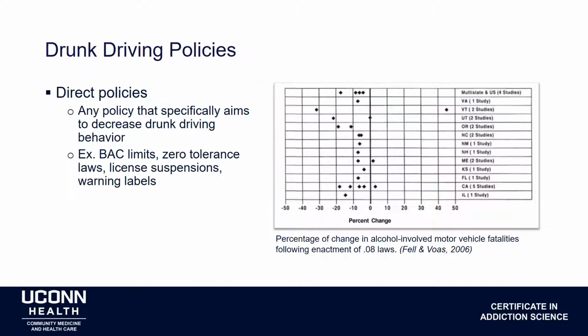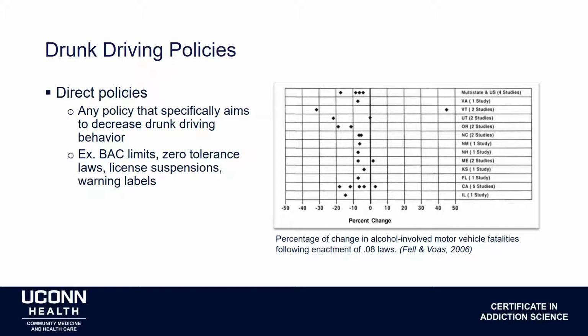So take drunk driving. There are direct policies that specifically aim to prevent drunk driving. These are things like blood alcohol concentration limits, which range from 0.08 to 0.05 in the United States. Zero tolerance laws, essentially saying that anybody under the legal purchase age should have no alcohol in their system at all.